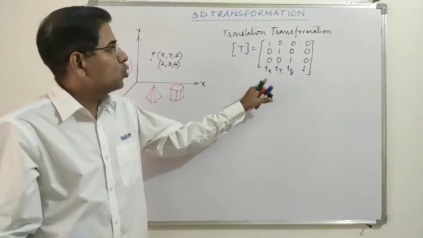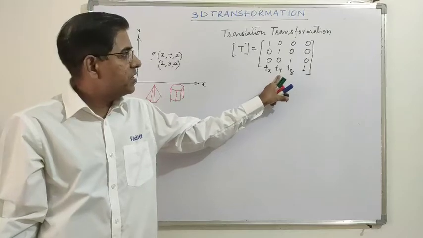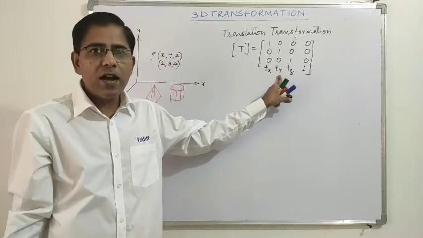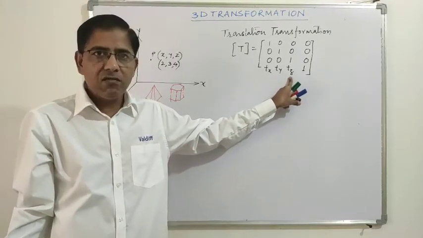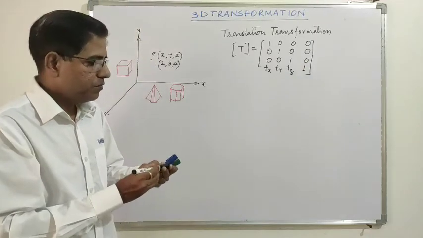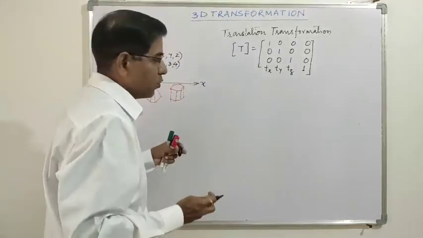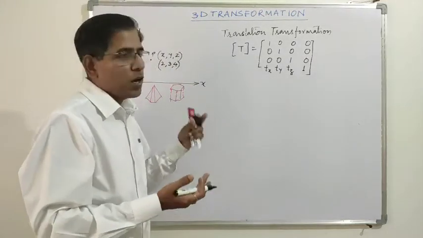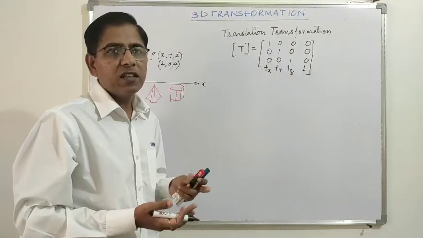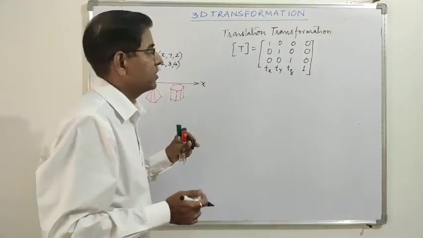Okay, so tx is translation factor along x direction, ty is translation factor along y direction, and tz is translation factor along z direction. Okay, so very simple. If you know 2D transformation well, then it is easy to understand 3D transformation.